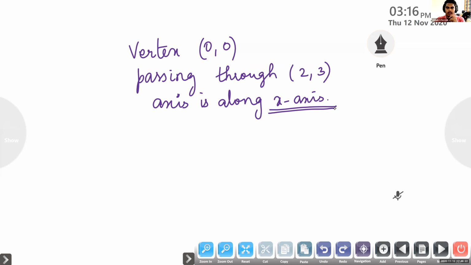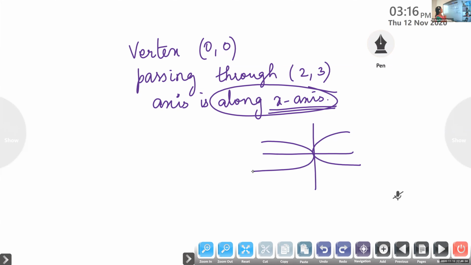Ma'am, I didn't get the equation. Axis along the x-axis means it will be symmetric with respect to the x-axis, isn't it? So what will be the equation you will get? Yes, Gauri.